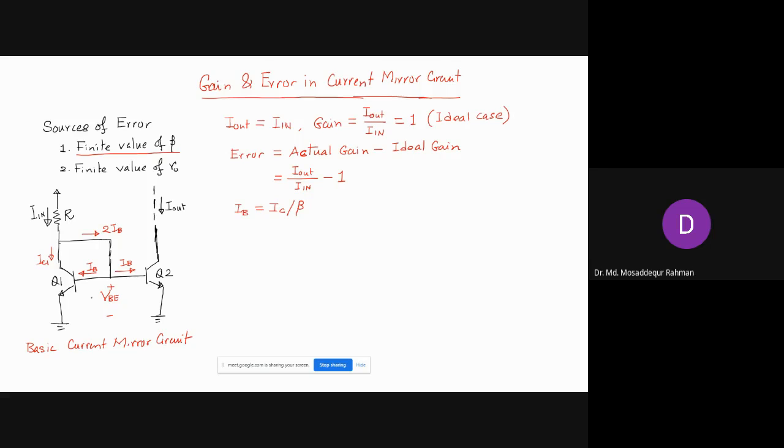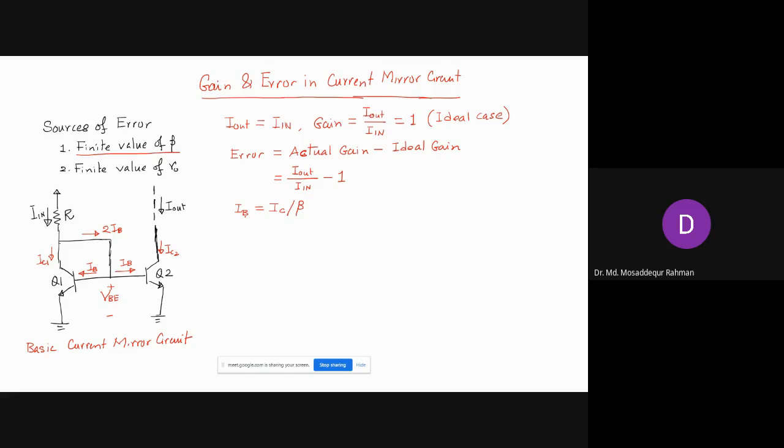And then since both the transistors have the same base to emitter voltages, IC1 will be the same as IC2 and IC2 the same as I out. So that is how we followed this path, tracing the currents. I in is equal to IC1, ignoring the base current, and then IC1 is reproduced as IC2, and IC2 is I out. So I in is equal to I out. See, we ignored the base current, assuming this is zero, right? And it is zero only when beta is infinite.